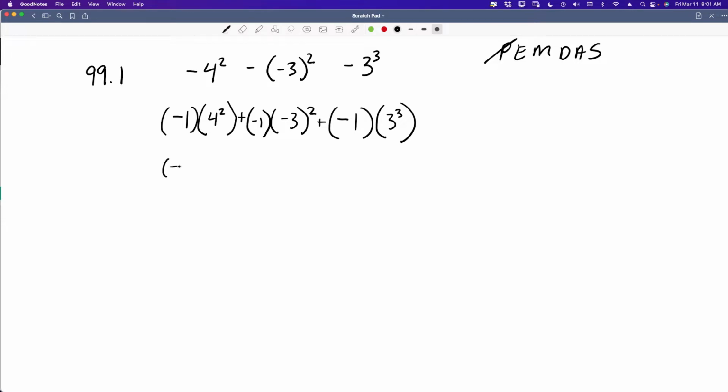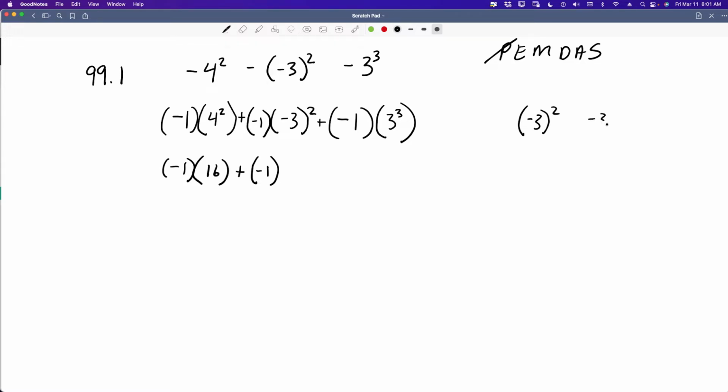So we're going to say negative 1 times, and 4 times 4 is 16, plus negative 1. I'm sorry, I wrote negative 2 for some reason. Negative 1. And this exponent is applied to the entire thing. So this means when you have a negative 3 squared, when you have a negative number squared, the whole thing is squared, right?